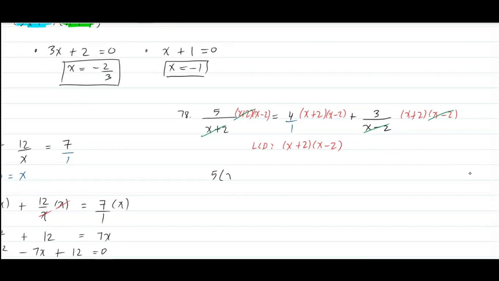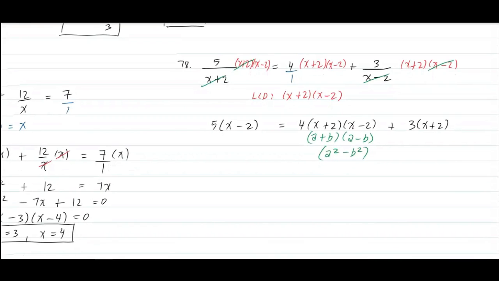So that first one becomes 5 times x minus 2. The second one becomes 4 times x plus 2, x minus 2. And the last one becomes 3 times x plus 2. Now, let's pause a little bit. Remember that this is of the format a plus b, a minus b. And whenever something is of that format, you can make the conclusion that it's equal to a squared minus b squared.